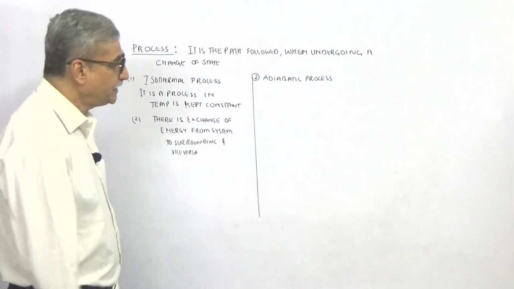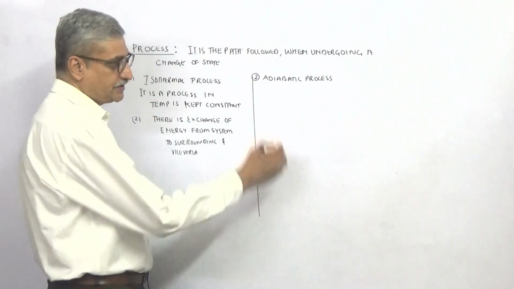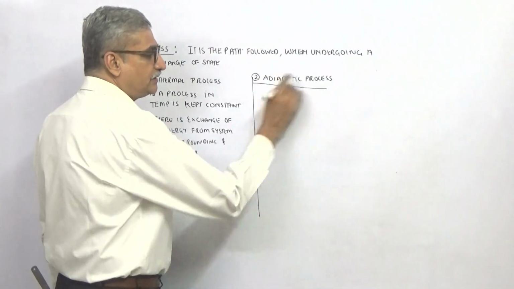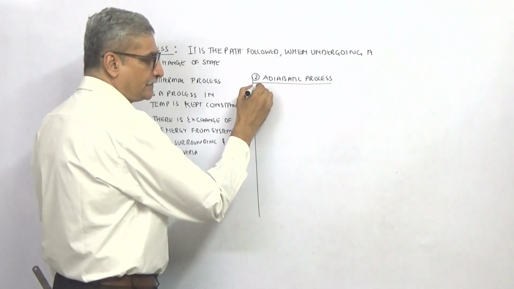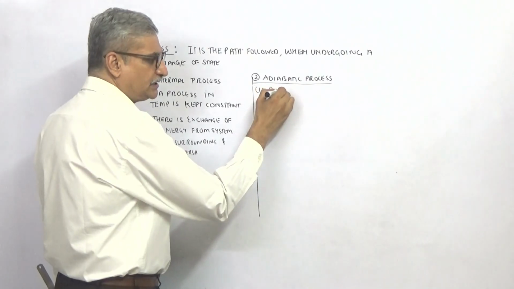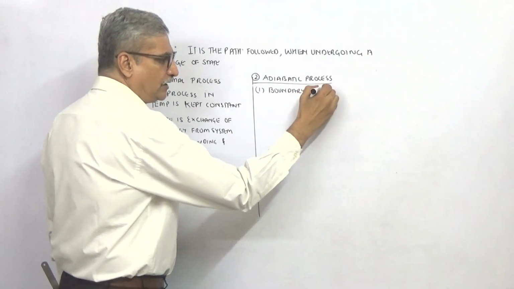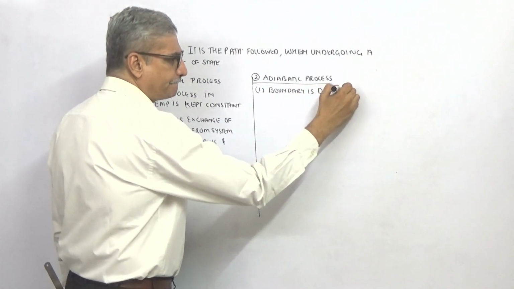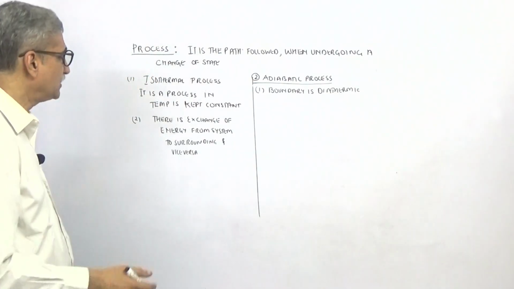Here what is happening? The temperature may change. In adiabatic process, the boundary is adiabatic. If the boundary is adiabatic, what is going to happen?